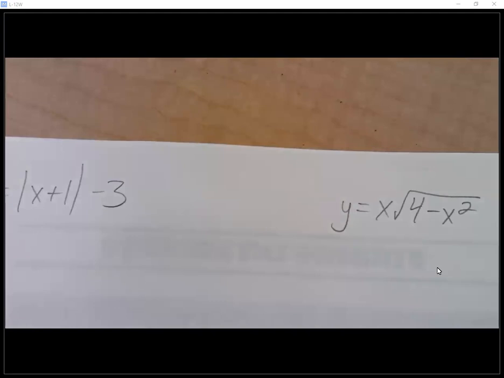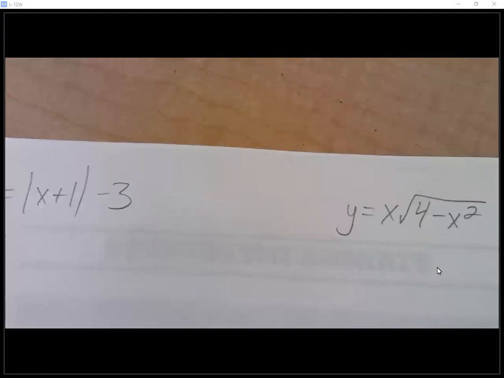I got an answer for the first one, for the x-intercept? What'd you get? 2 and -4.